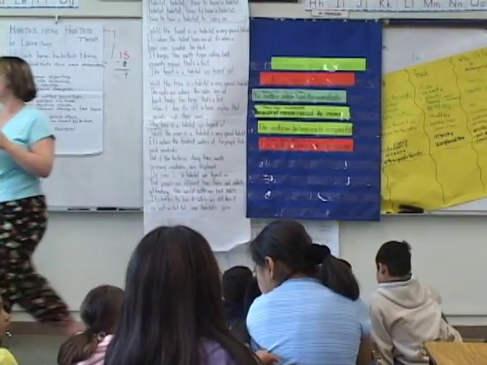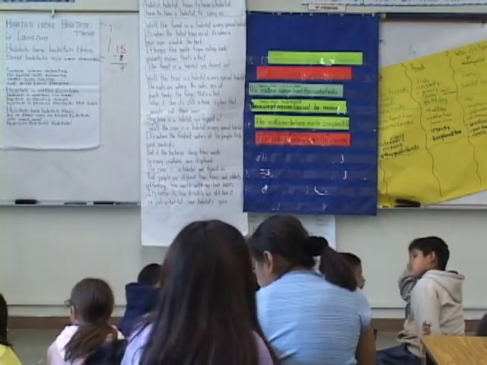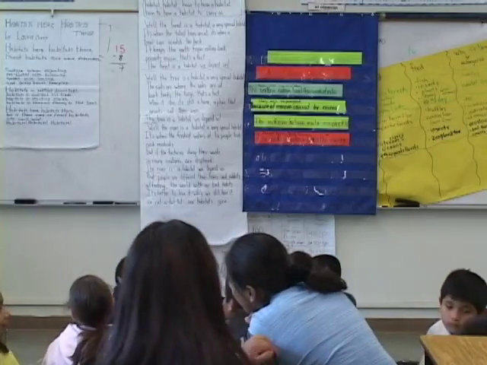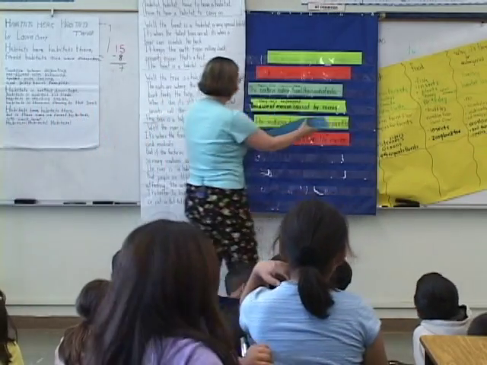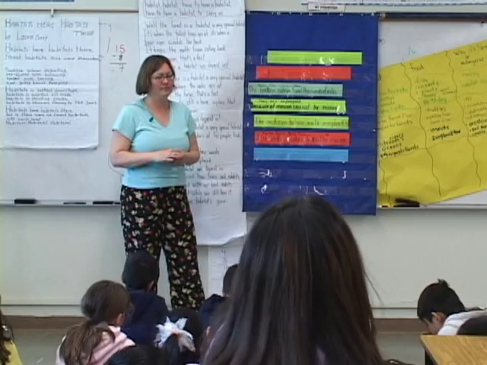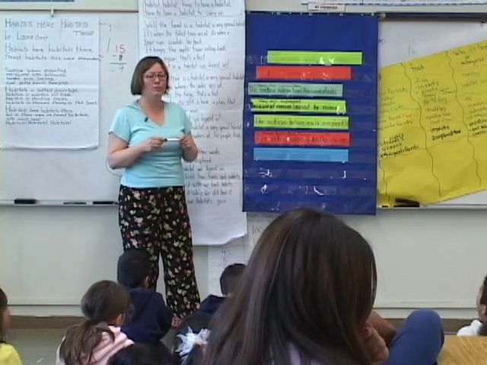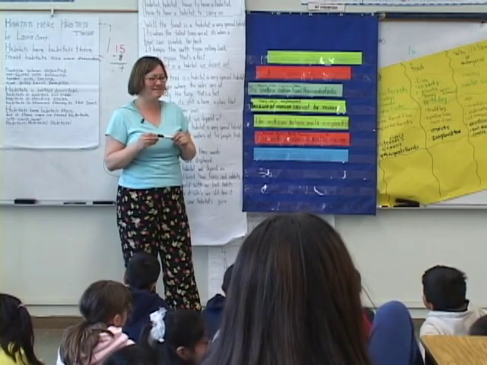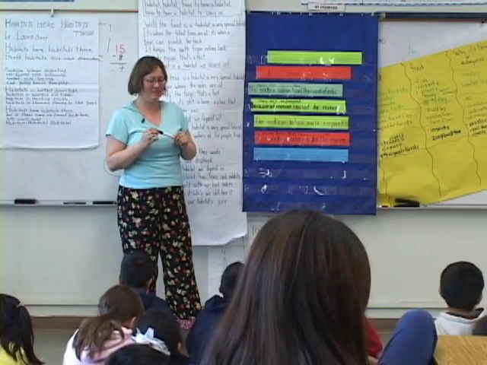I'm going to grab a paper. What would be a good way to end our paragraph about salmon? Who could think of a good way to end our paragraph about salmon? I like to study salmon.